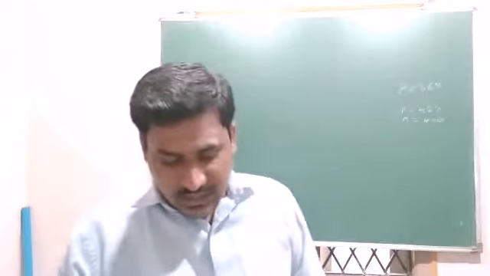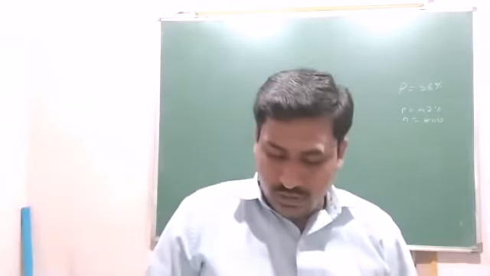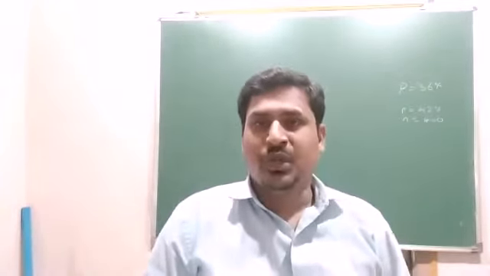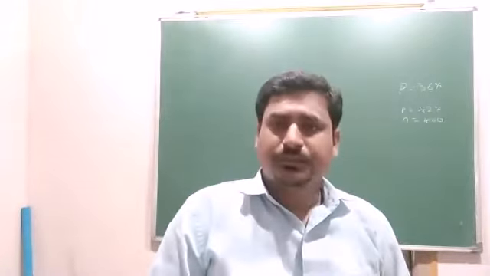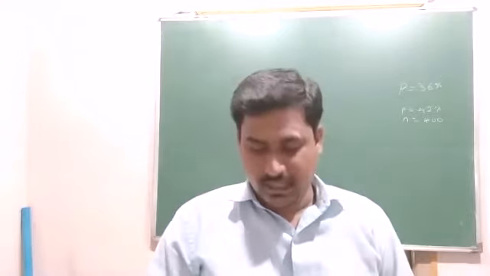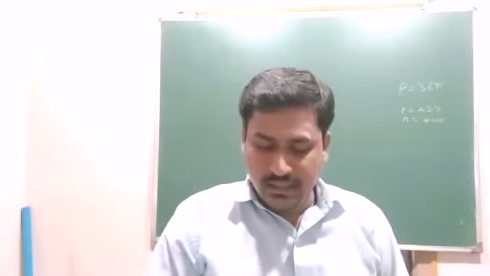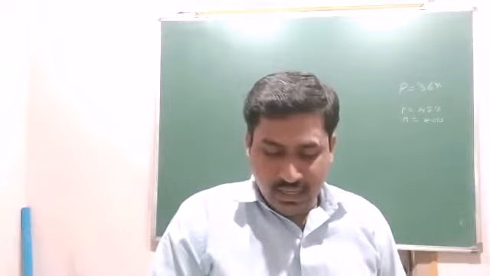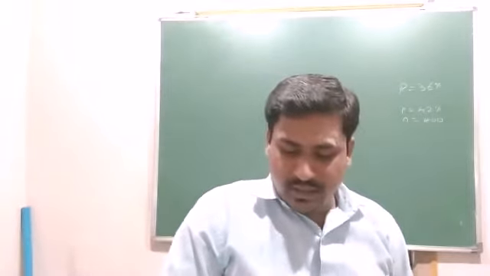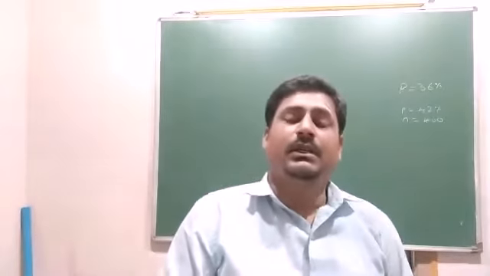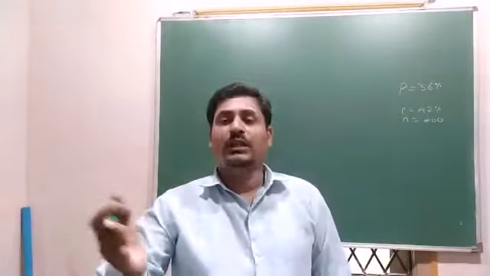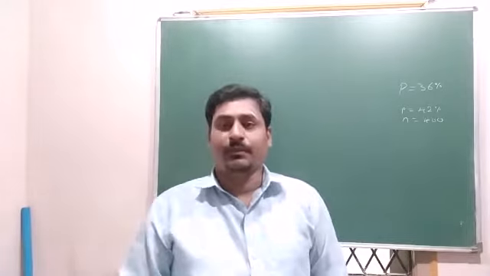And what they have asked here is: does the survey support the leader's claim? Use 1% level of significance. Once again, in an election, the leader of a party contended that they would secure more than 36%. More than 36% they are expecting.